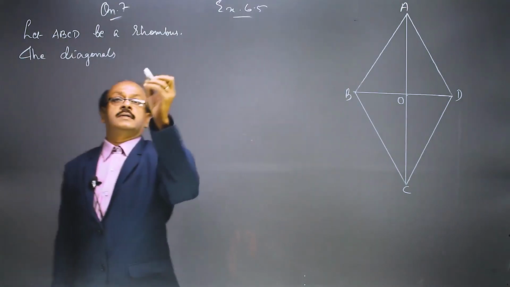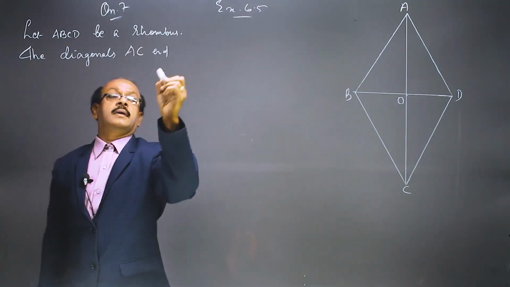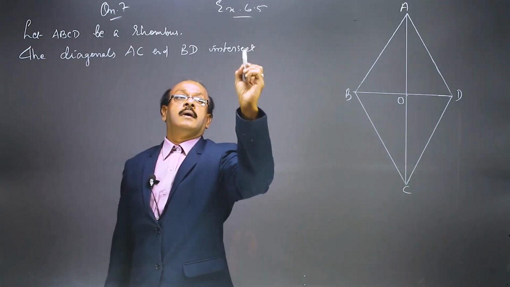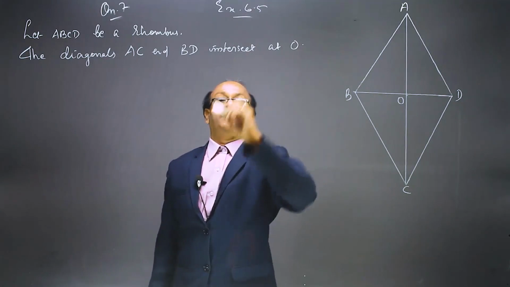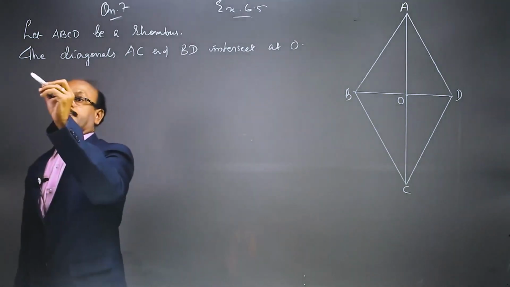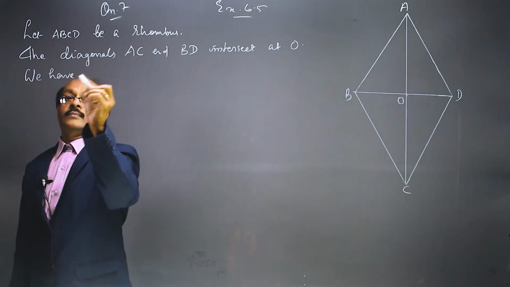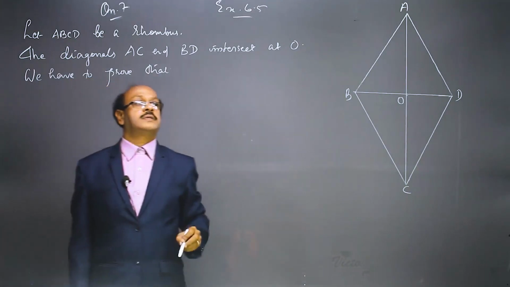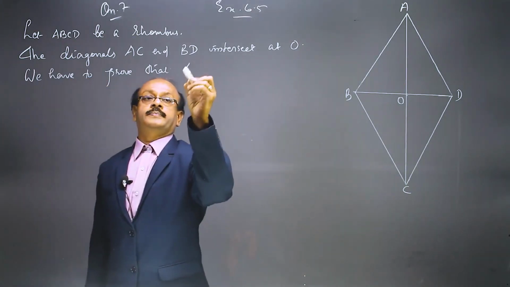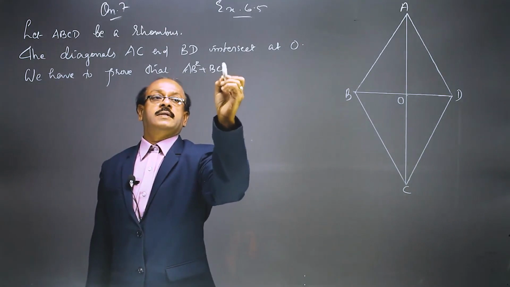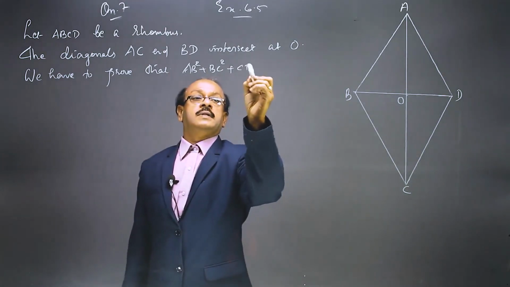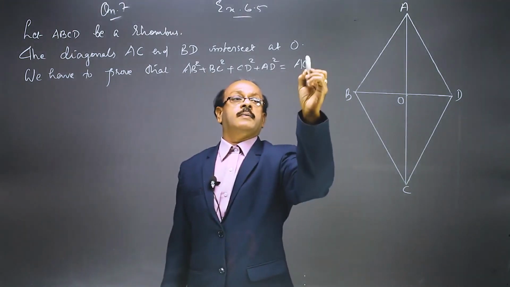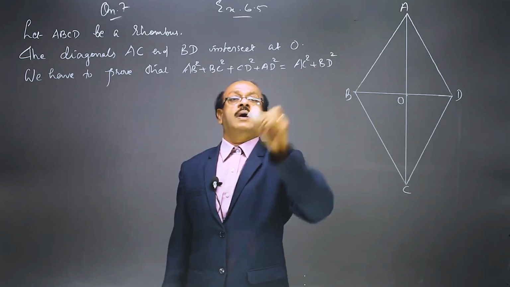The diagonals AC and BD intersect at the point O. We have to prove that AB square plus BC square plus CD square plus AD square is equal to AC square plus BD square. This is the thing which we have to prove.